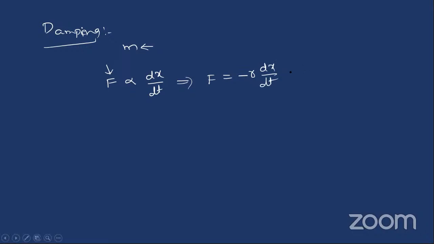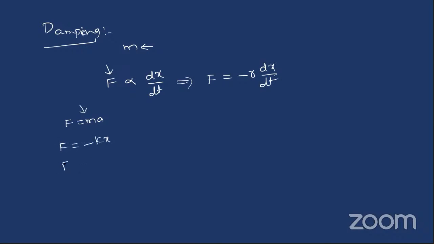Now if you consider a system including damping and model it mathematically, these are the forces acting on it. One force which moves downwards is F equals ma, the force on the mass. And the other two forces which act on the system: one is due to the spring, F equals minus kx.